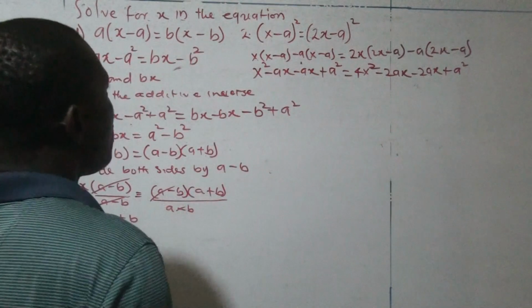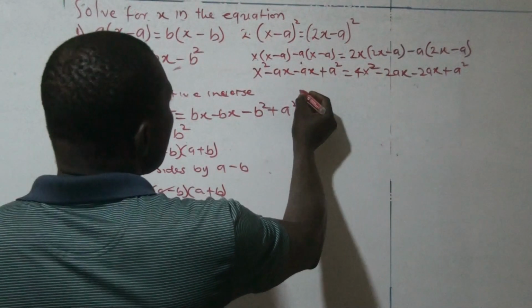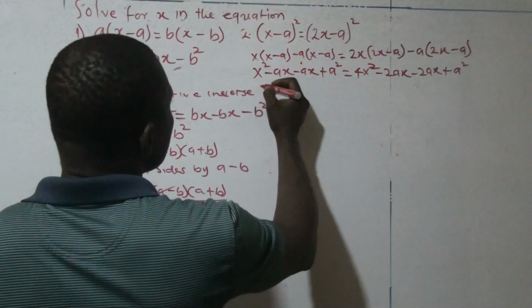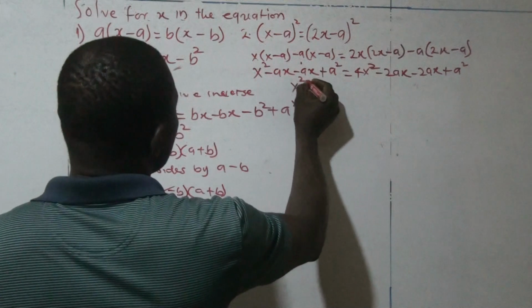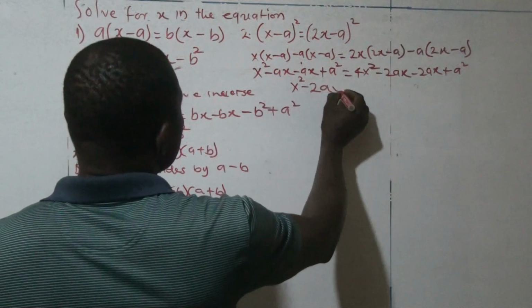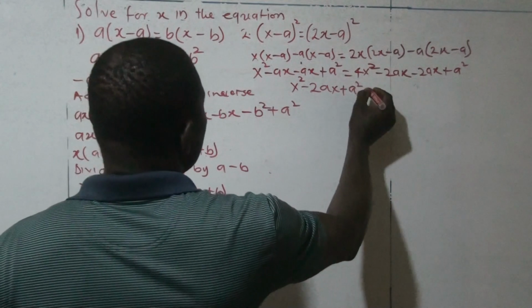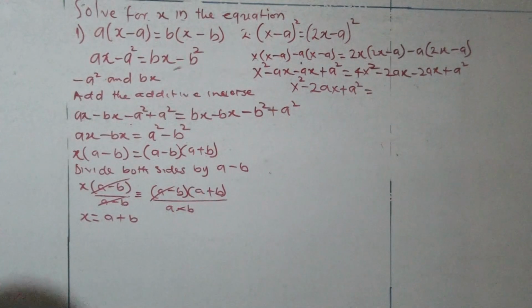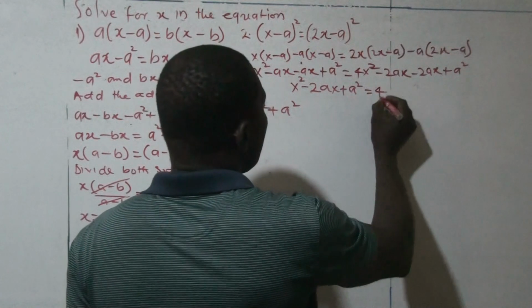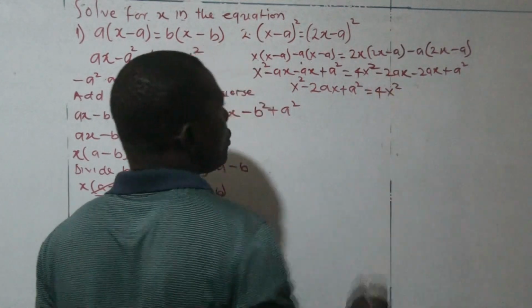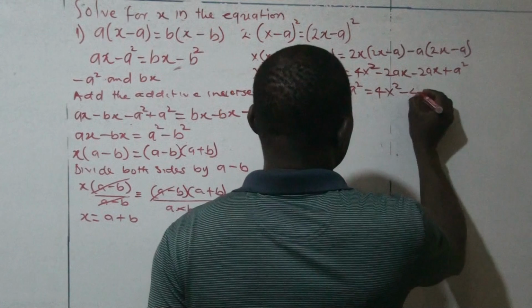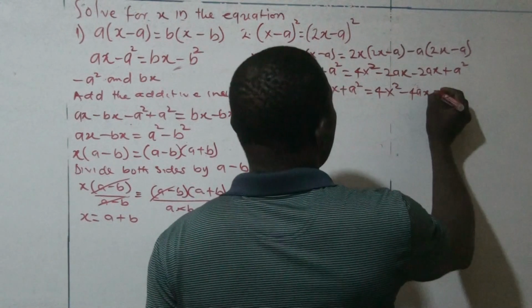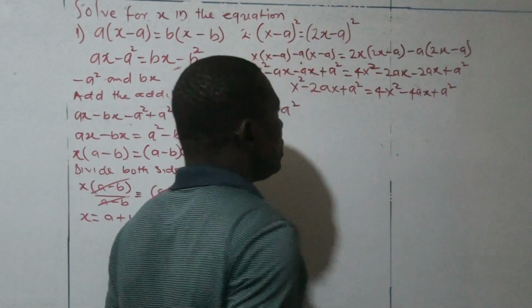Here, this is x squared minus ax minus ax, that will give us minus 2ax. This becomes x squared minus 2ax plus a squared is equal to 4x squared minus 2ax minus 2ax, that will give us minus 4ax, plus a squared.